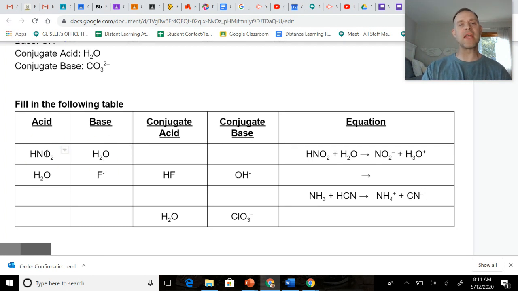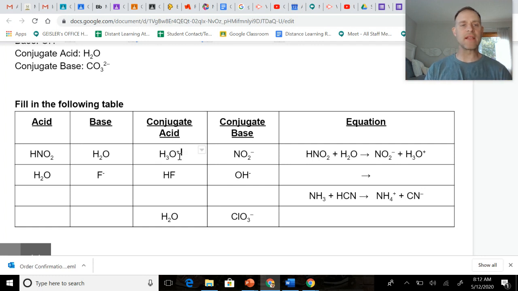So if I lost an H plus off this acid, and I can see what happens over here in the equation, doesn't this guy become this guy? So that acid is going to become a base. So this would be my conjugate base. This base, H2O water, if it gains an H plus, it becomes rich in H plus, and if it's rich, it becomes the conjugate acid.